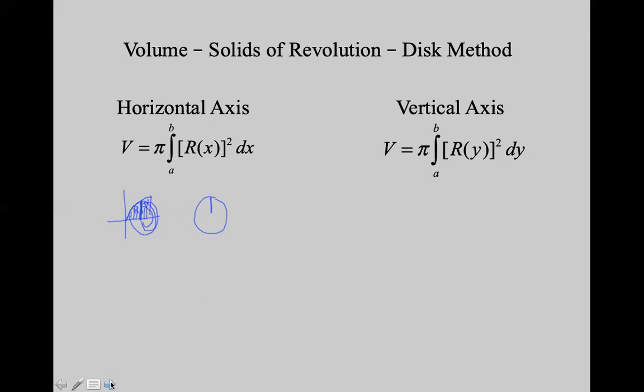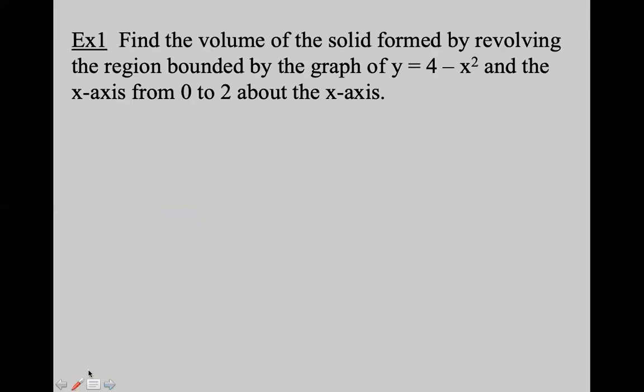So let's take a look at an example. This first one we have, find the volume of the solid formed by revolving the region bounded by the graph of y equals 4 minus x squared and the x-axis from 0 to 2 about the x-axis. You have this example in your notes, and we actually did a problem similar to this, I think just one lesson ago.